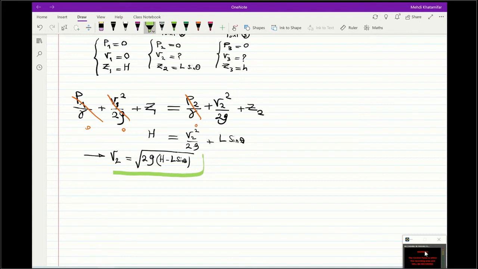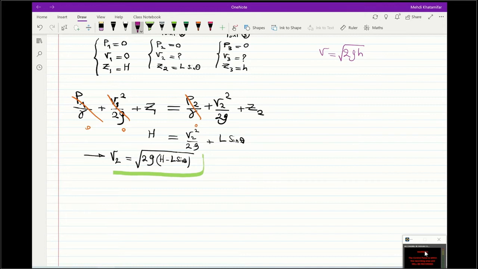Okay, this equation is very familiar for us. Remember, for any jet, we said the velocity of any jet is the square root of 2g times the height we have.